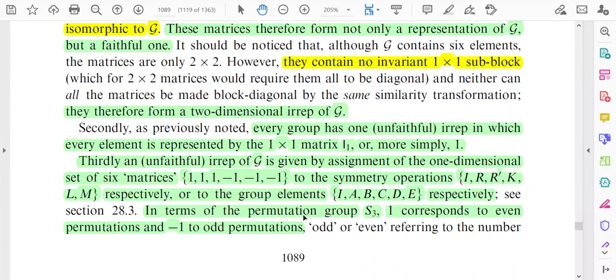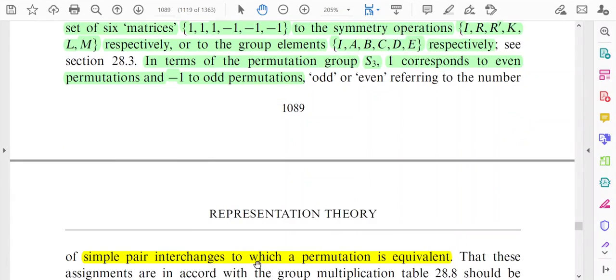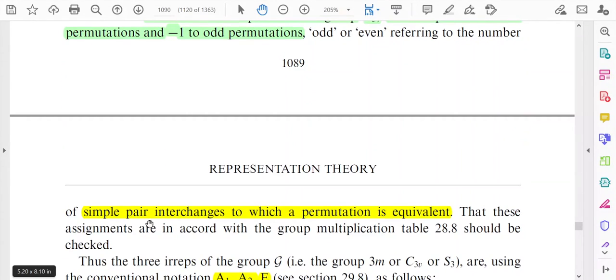In terms of the permutation group S3, we have already discussed the permutation group. It is also isomorphic to the group G, and in terms of the permutation group, the positive and negative sign can be defined. So 1 corresponds to even permutation and -1 to odd permutation. So what is an odd permutation and an even permutation? Odd or even refers to the number of simple pair interchanges to which a permutation is equivalent.